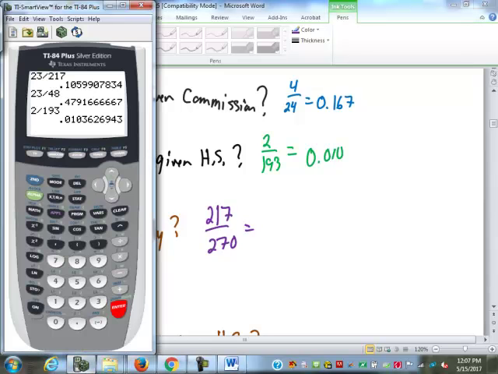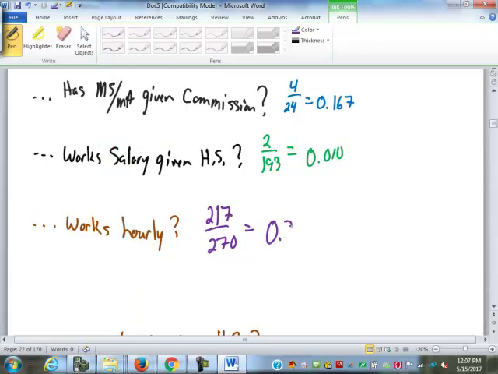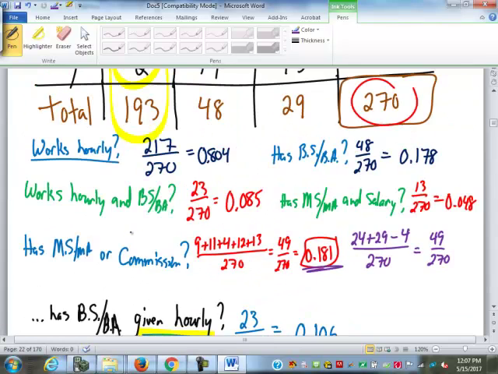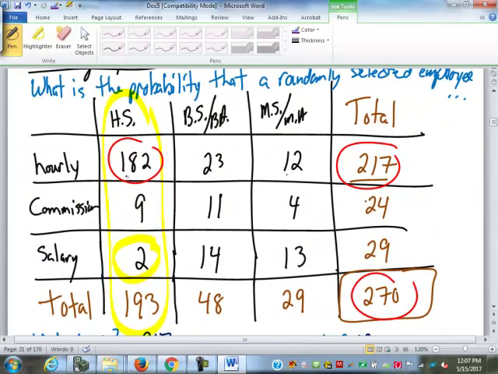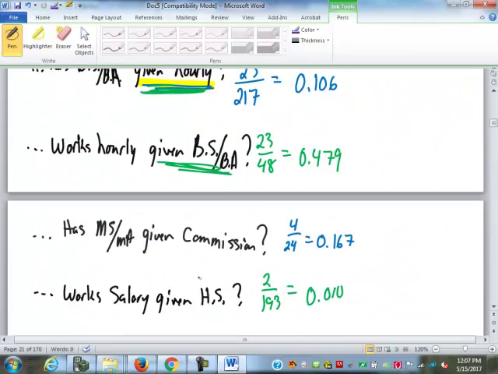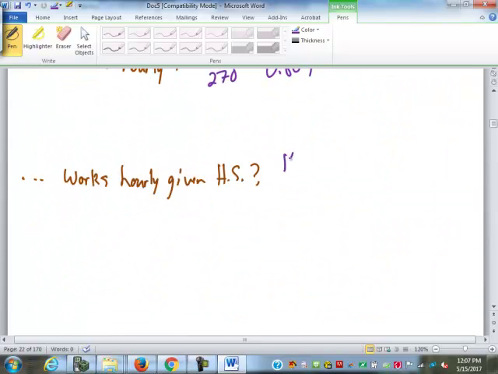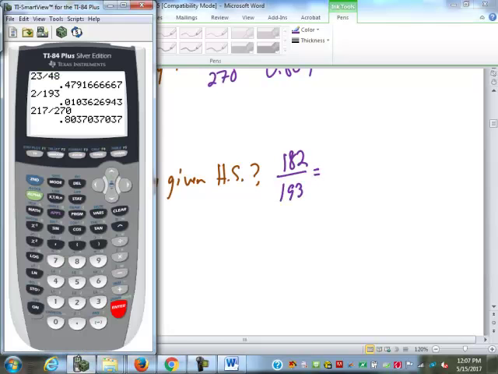If we divide that out, we've done this before, I know, but we'll do it again. 0.804, so 80.4%. Works hourly given that they're in high school, that's 182 out of 193. So 182 divided by the 193 total high schoolers, we get 0.943.